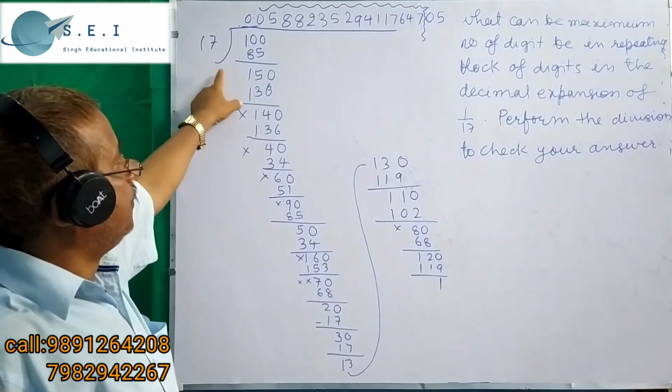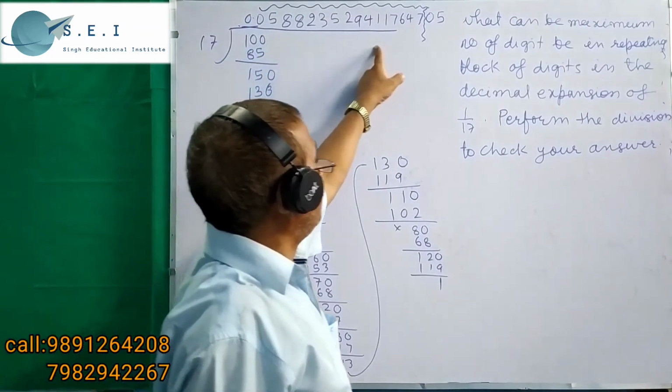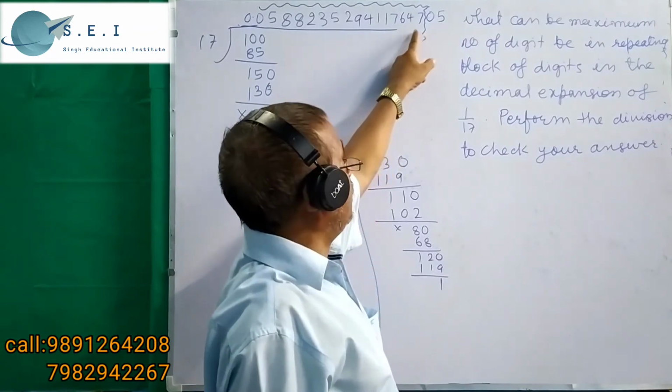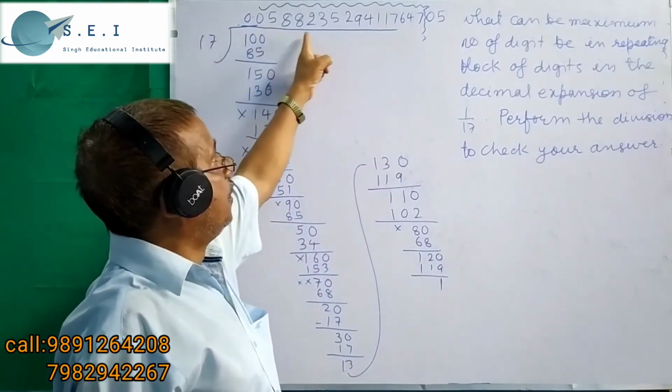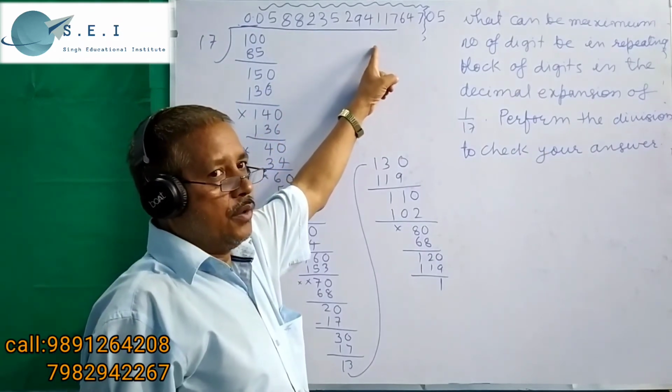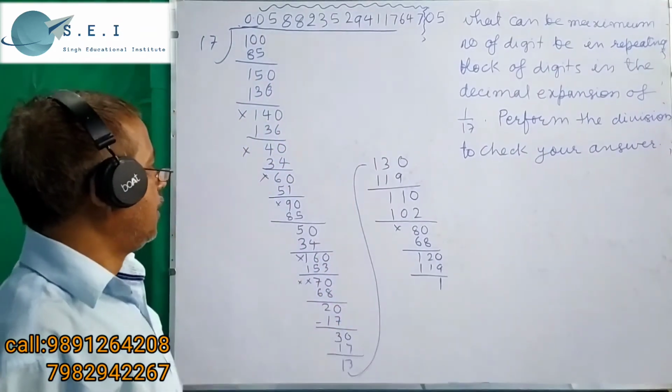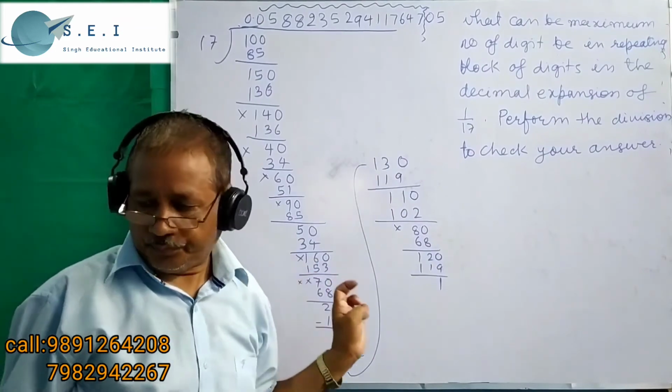We have performed the actual division, and here are 16 digits, after which it is repeating from the 17th. So, the repeating block has 16 digits, and this is your answer.